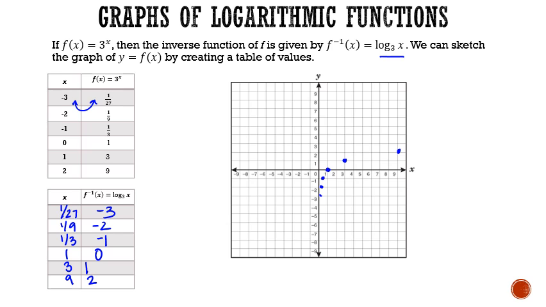And again, this had an asymptote at y equals 0. So that means that this asymptote, since it's the inverse function, is going to be at x equals 0.